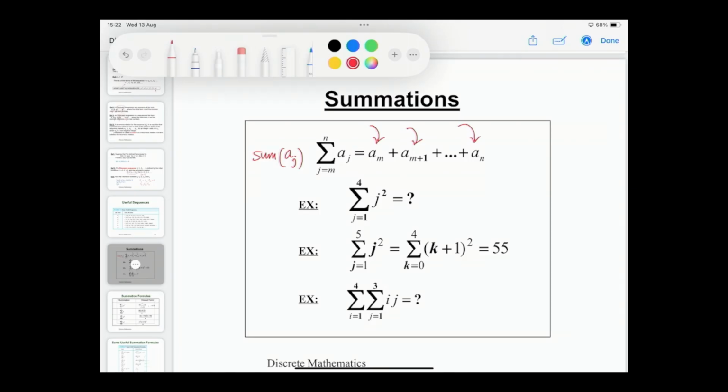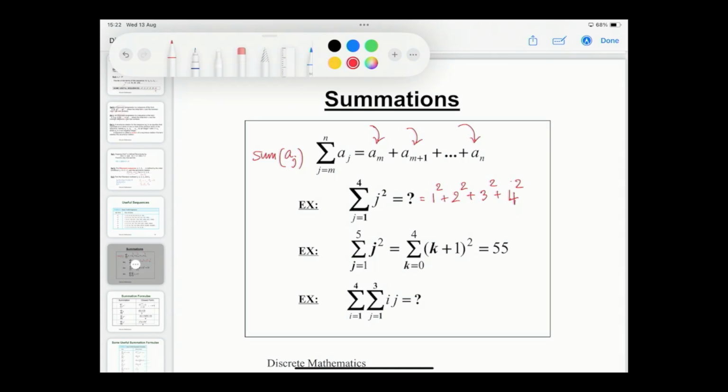Okay, let's find out the summation of j squared, where j is from 1 up to 4. What is the result? j starts from 1, so we have 1 squared. When j is 2, we have the next term. Just that, right?